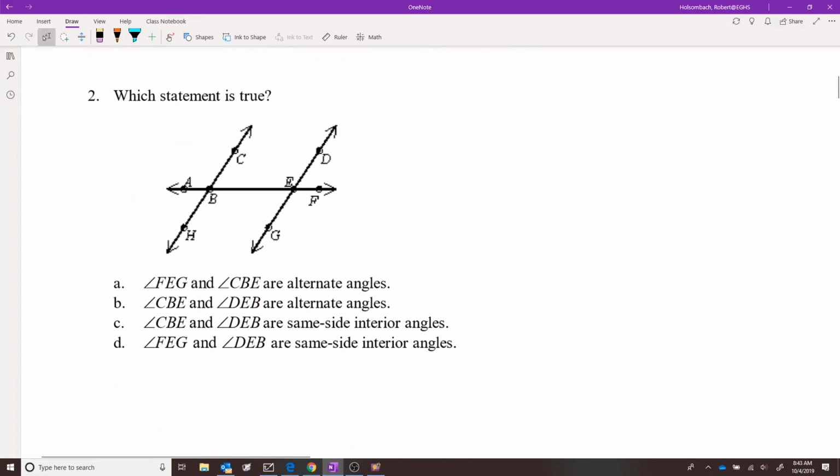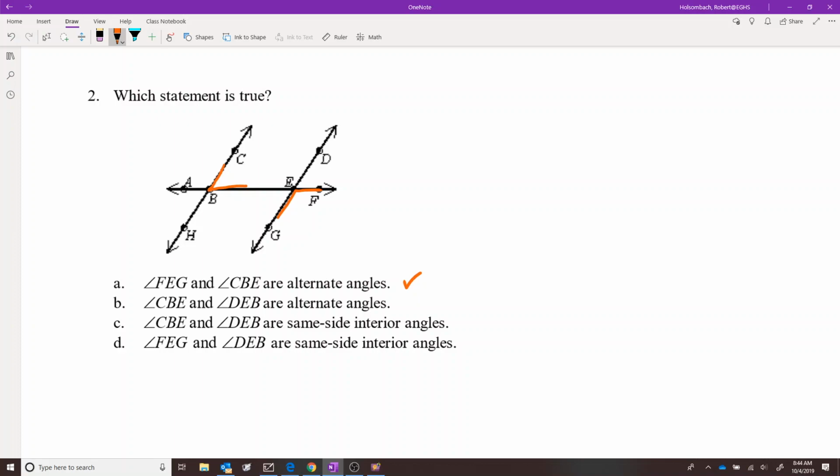All right, and then number 2, which statement is true? FEG, that is right here, this angle, and CBE are alternate angles. They kind of are. Yeah, they're on alternate sides of this transversal right here.